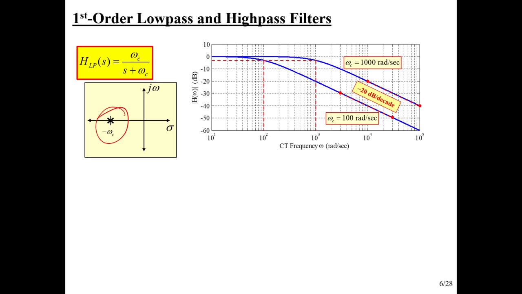So just one pole, and you may have done some Bode plots and know what this thing looks like from that, and know that we get this minus 20 dB per decade. And I'm showing two different examples here with omega c equal to 100 and omega c equal to 1,000 radians per second. And you can see that at omega sub c, this drops down to minus 3 dB below what is happening in the passband. So there's our favorite little low pass filter.